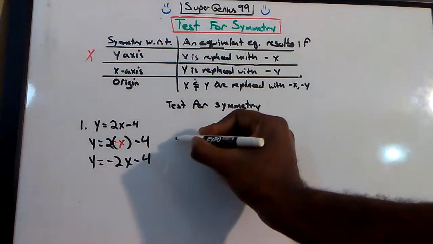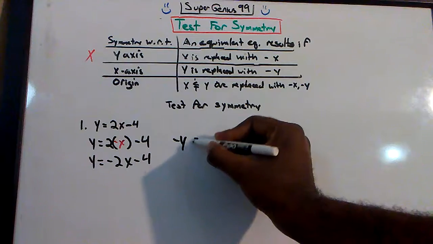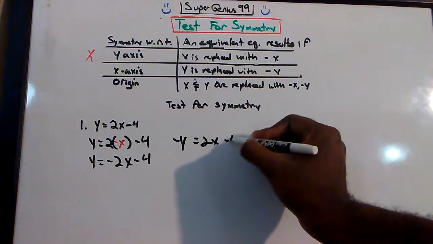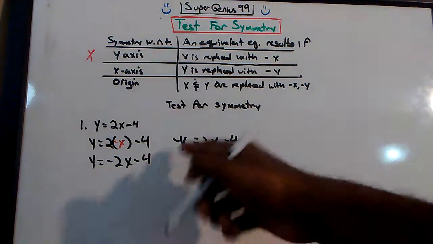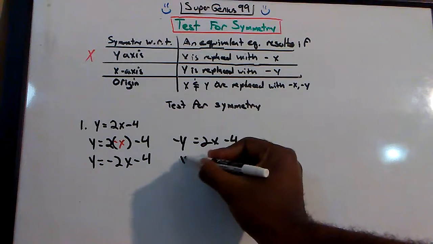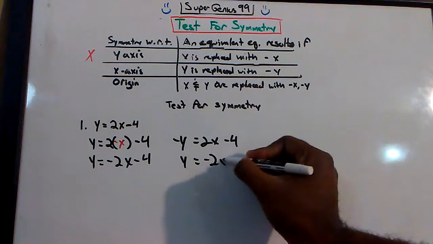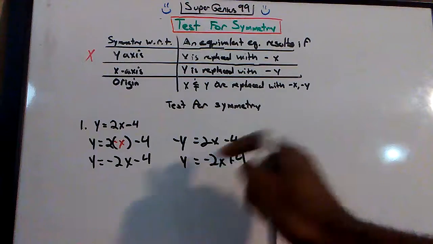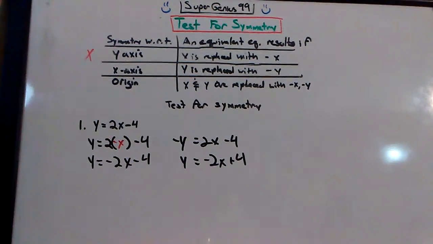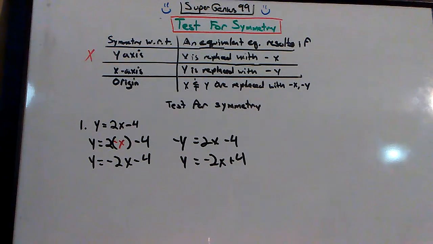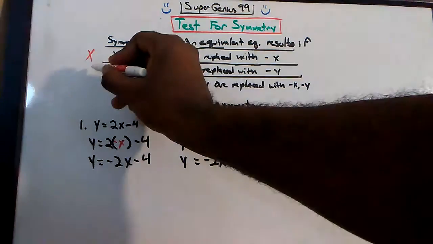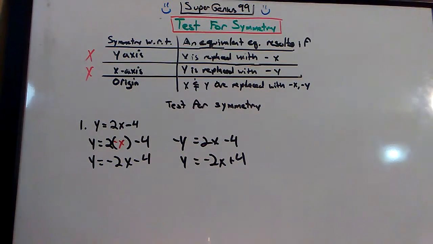Negative y is equal to 2x minus 4. And then multiply everything by negative 1, so you have y is equal to negative 2x plus 4. Does that equal your original equation? No. So it's not symmetrical with respect to the x-axis or the y-axis.